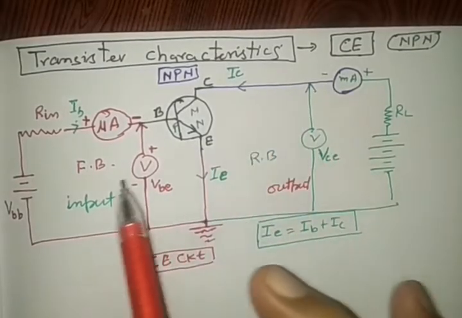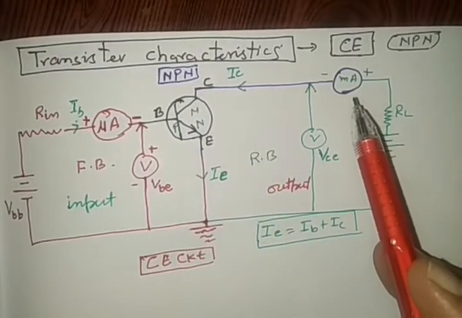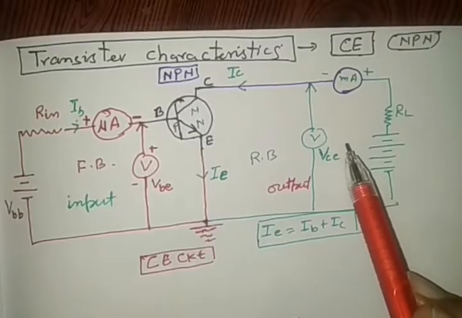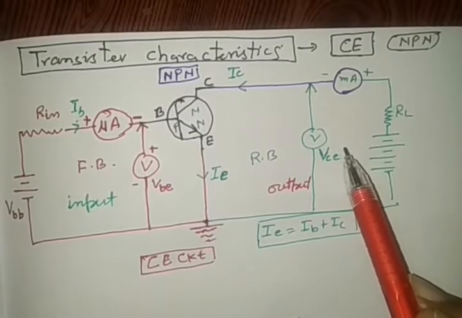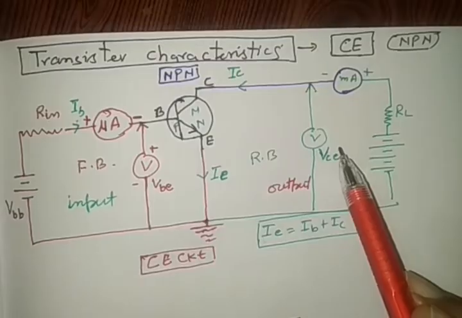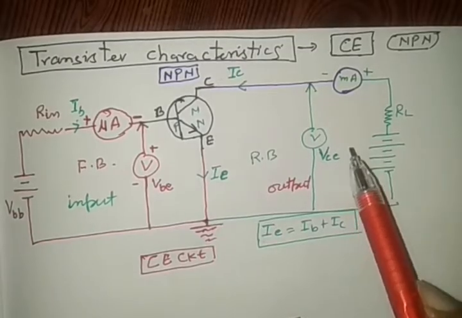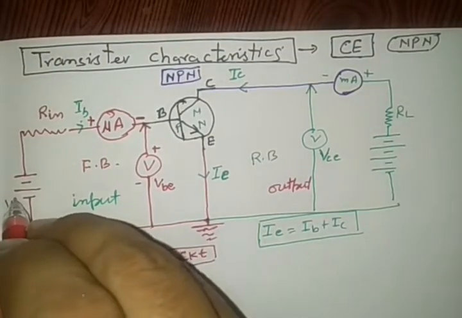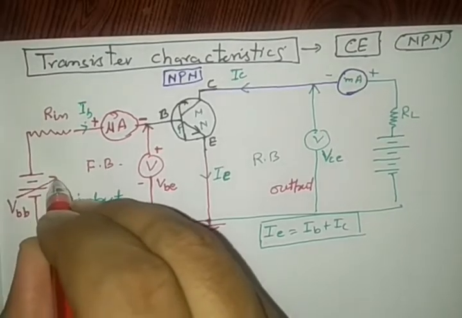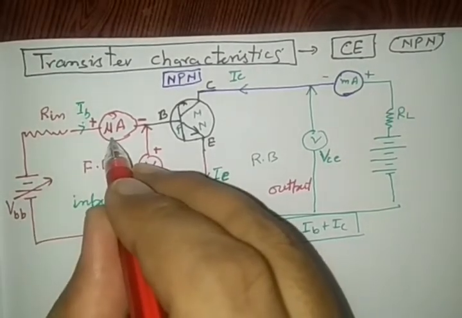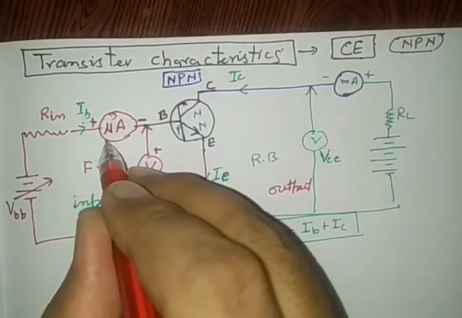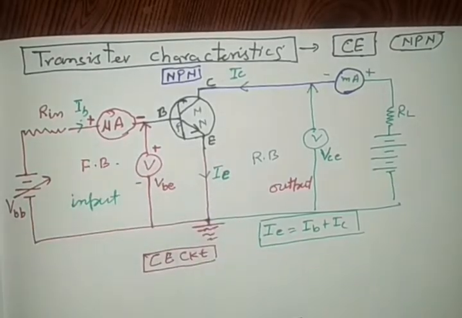When it shows certain deflections, the output voltage is kept constant, and by changing the value of the input voltage, the change in input current is measured.